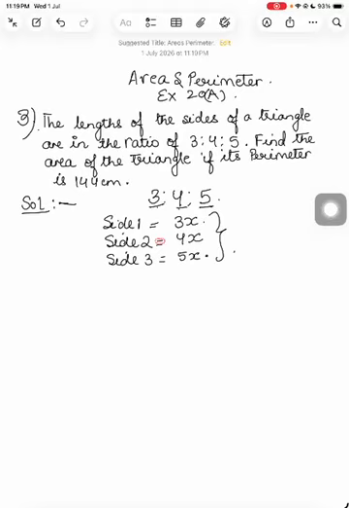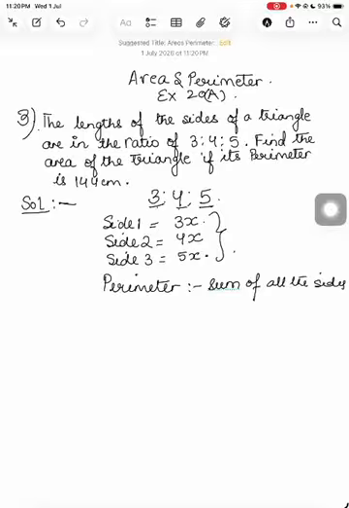Now what is given? Perimeter is given. What is perimeter? Perimeter is the sum of all the sides.